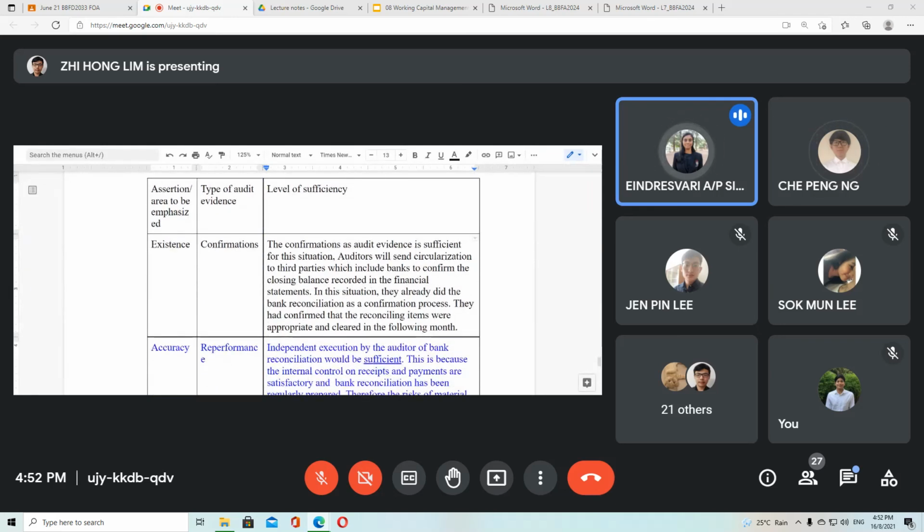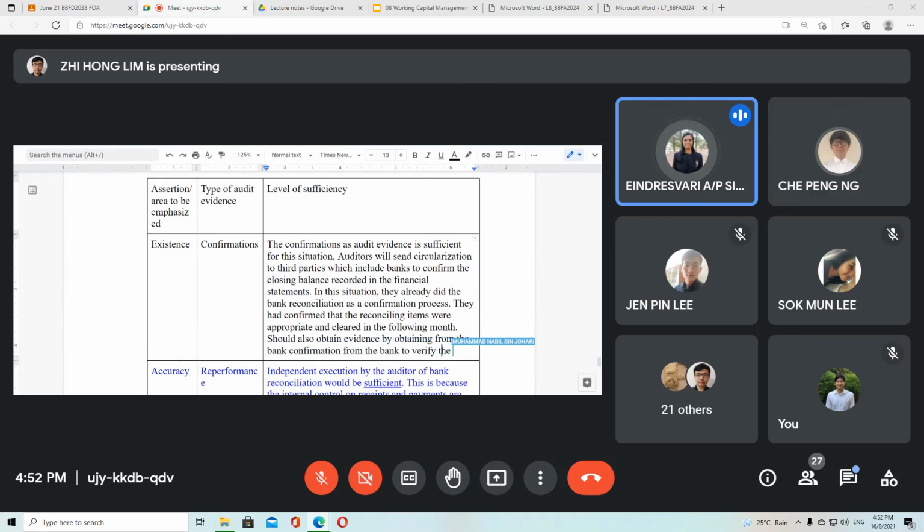It is something to be proud of, very good. But what you can say is, you should also obtain evidence by obtaining bank confirmation from the bank, to verify the reliability of the bank statement, because bank statement can be manipulated.